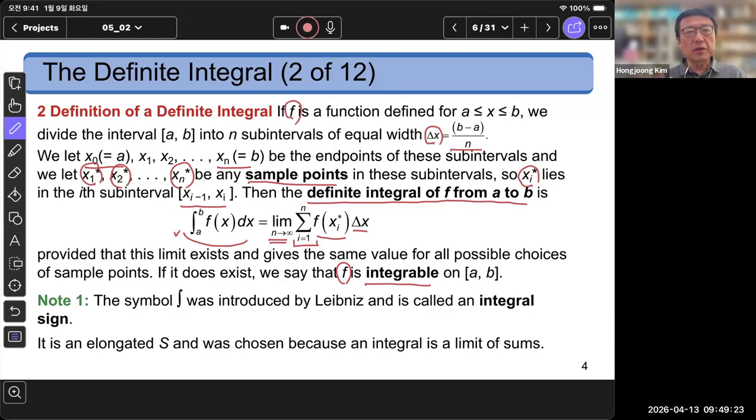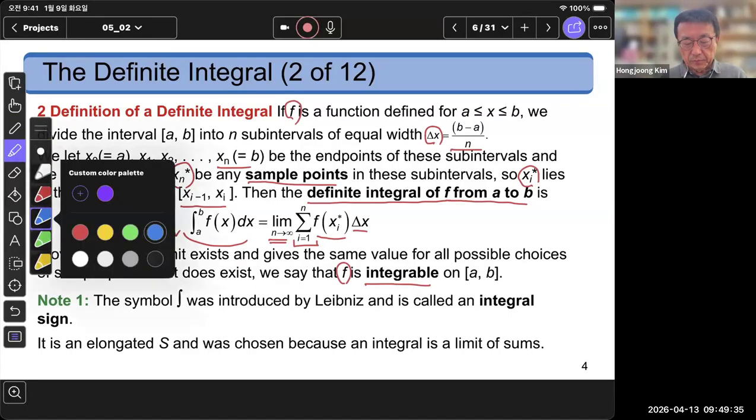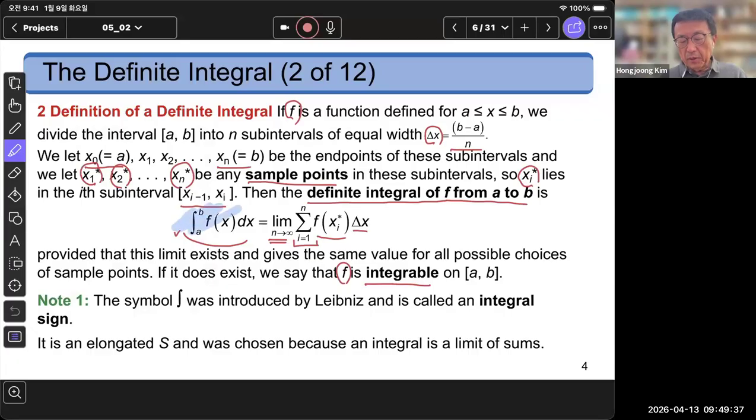So if this limit exists, then we say the function is integrable and the limit will be expressed by this symbol, which is called the definite integral. So the definite integral is a number, representing this limit.